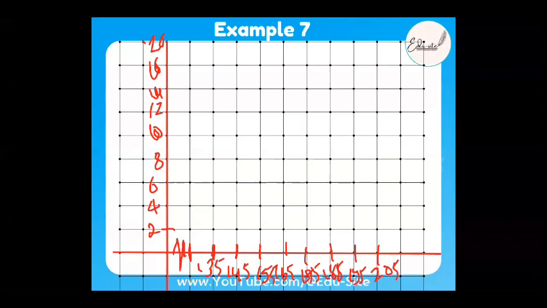Just on the x-axis, correct? Take a circle or any pointer and mark it. I'll highlight it. Okay, so it is 135 here. Next, 145 and 5 is here.